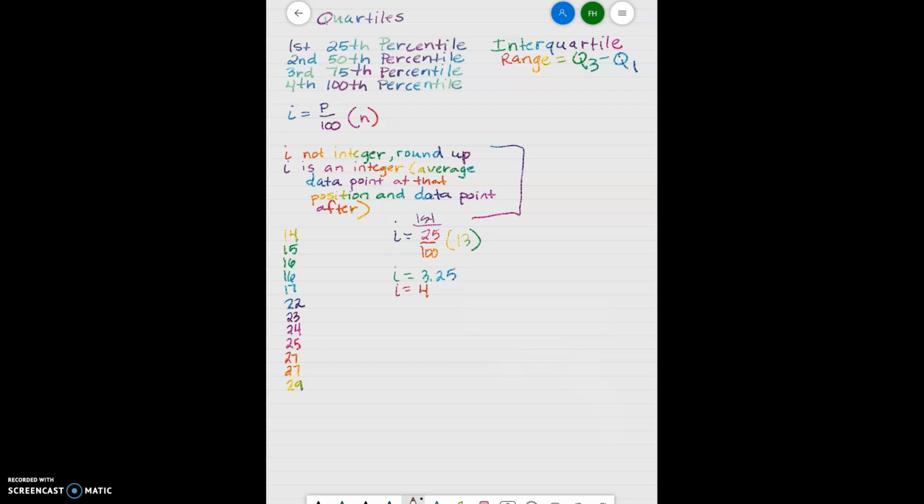So your index point is the fourth data point. So 1, 2, 3, 4. So this would be the 25th percentile, which is your first quartile, would be 16.